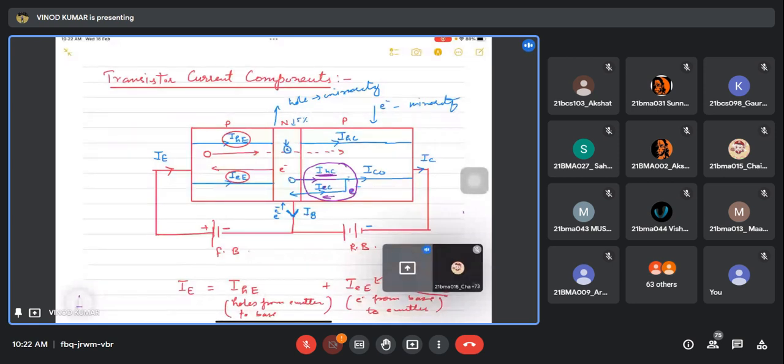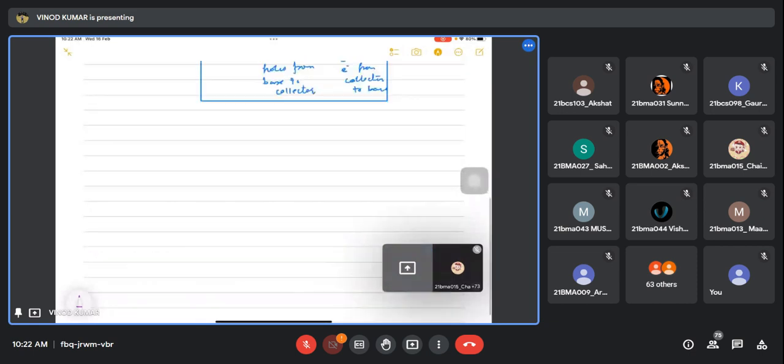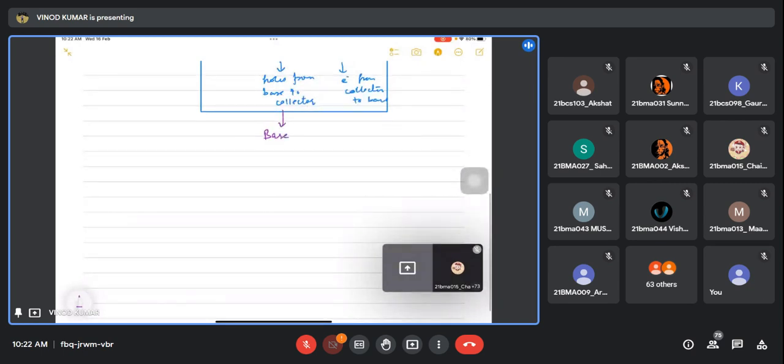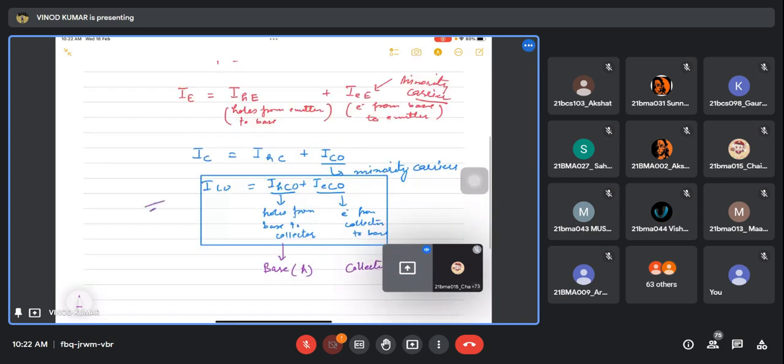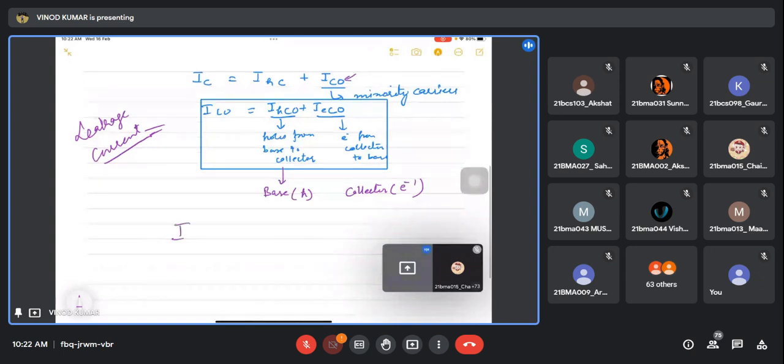So electrons are minority in the collector and holes are minority in the base. This current is also called the leakage current. And the minority current ICO means this is the current when the emitter-base junction is open circuit. Okay, that's what it means.